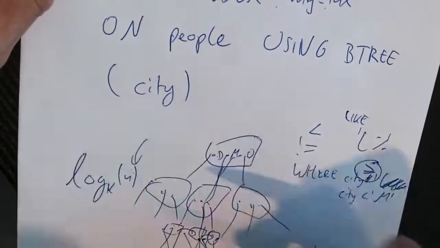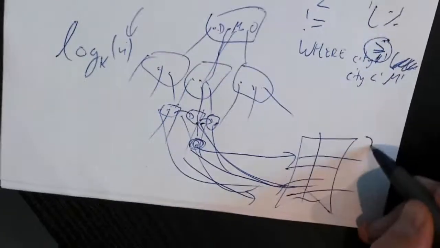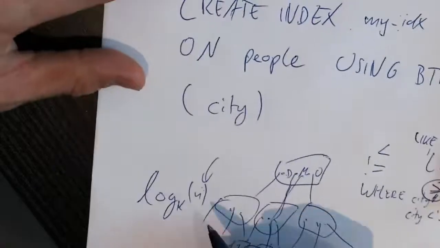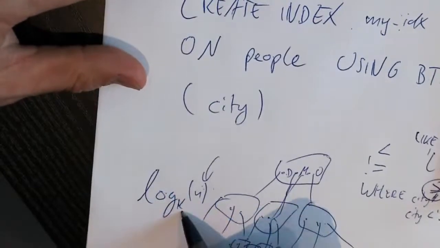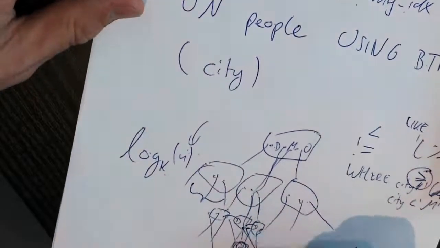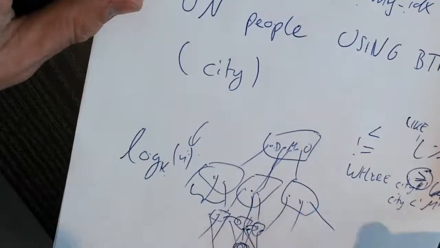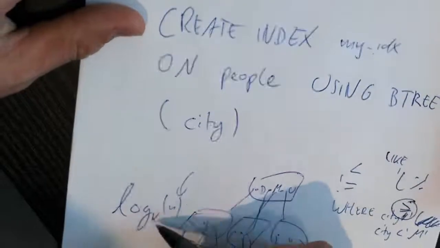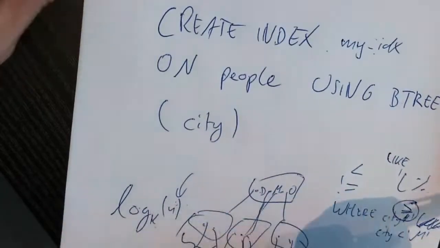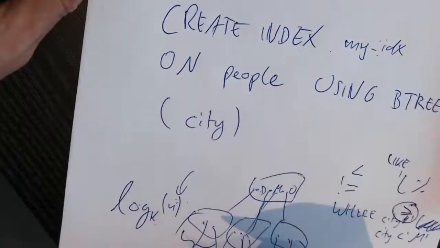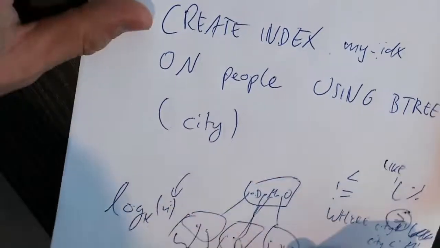You have n tuples in your table, and then it costs log base k of n, where k is basically the number of pointers you have in each node. So when k is 500 and n is 1 billion or so, the cost is just 3 or 4 or something. So it is a very low cost.